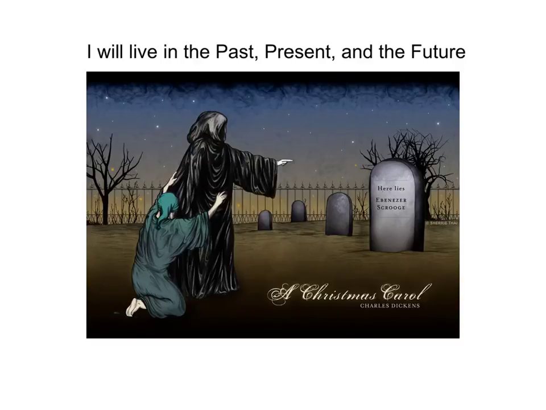"Am I that man who lay upon the bed?" he cried upon his knees. The finger pointed from the grave to him and back again. "No, spirit. Oh, no, no." The finger was there. "Spirit," he cried, tight clutching at its robe, "hear me. I am not the man I was. I will not be the man I must have been. But for this intercourse, why show me this if I am past all hope?" For the first time the hand appeared to shake.